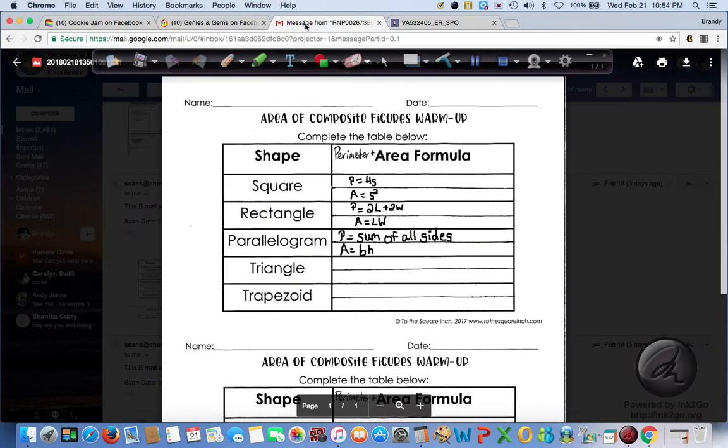So let's go back and fill this out. For our perimeter, it's going to be the same thing we wrote up here. Perimeter is going to equal the sum of all the sides. But again, in a triangle, this is only going to be 3 sides that we add together.